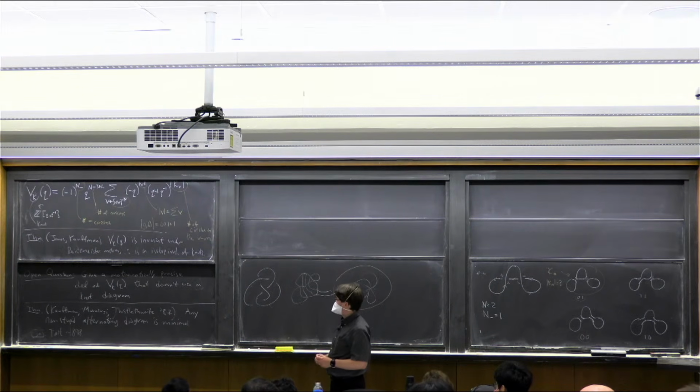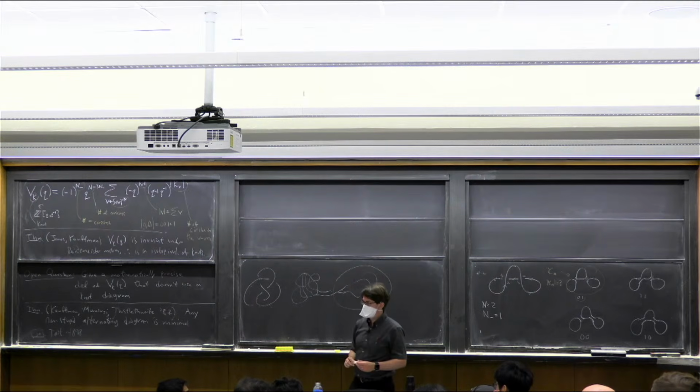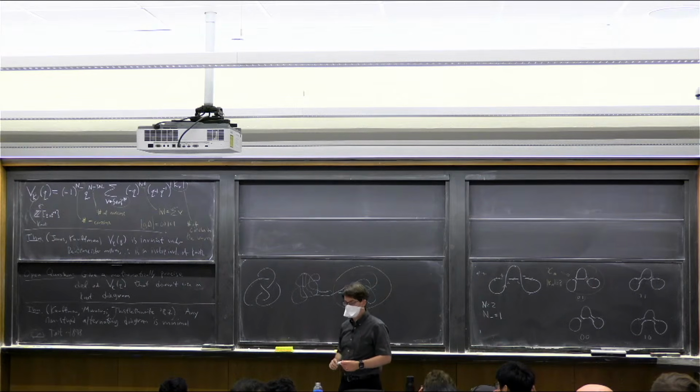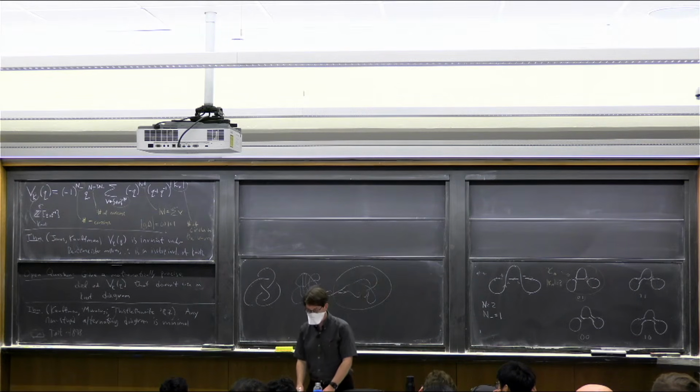There are some connections to hyperbolic geometry, sort of bounds on hyperbolic metrics in terms of coefficients, but they're a little bit complicated. There are other statements here and there, but it's really not well understood what the geometric content is. It's a great question.